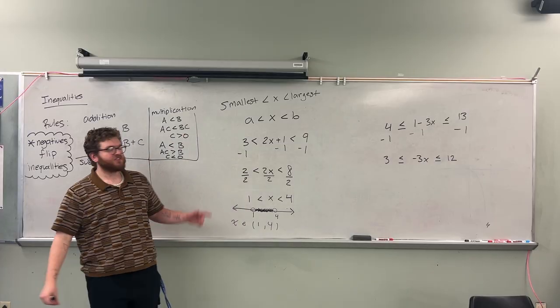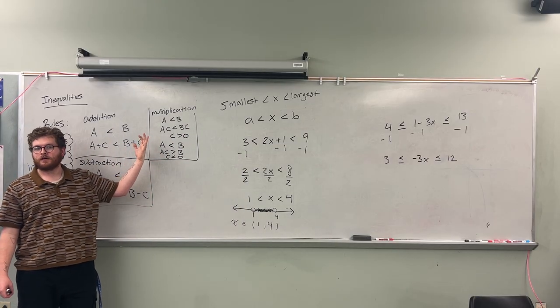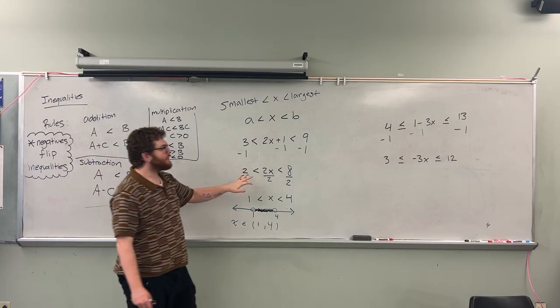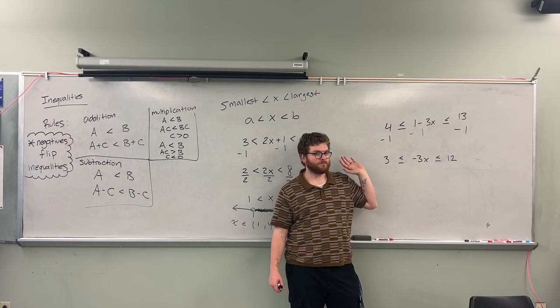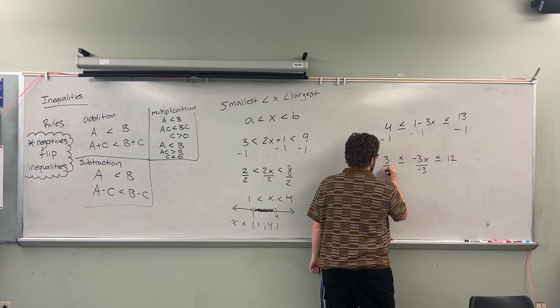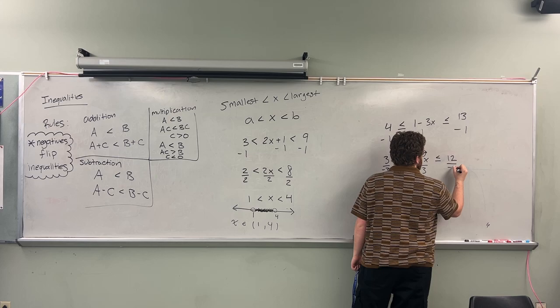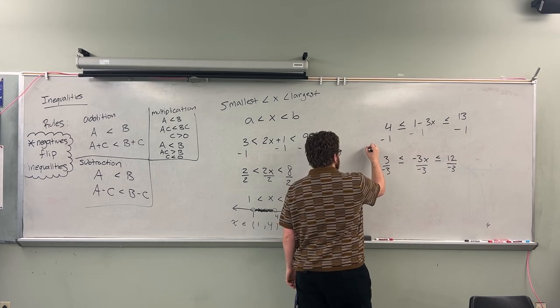Now with single inequalities, it's pretty easy. I just flip everything over. Compound inequalities, I have to flip the entire thing over when I divide by a negative. So if I divide by -3 in every place, I have to mirror the entire thing.